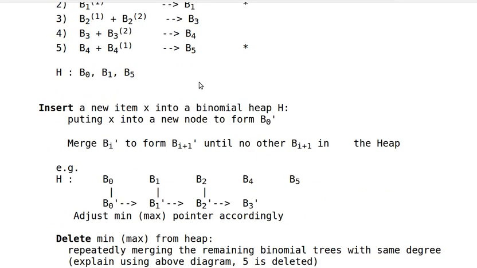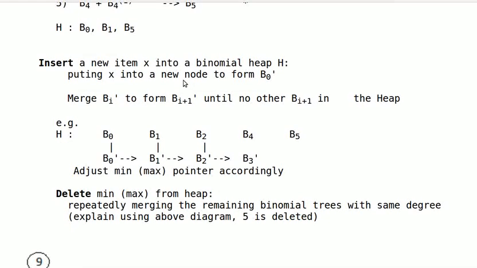And now let's see, how do we insert a new item X into a binomial heap H? To do that, we first put the item X into a new node to form an order 0 binomial tree. Suppose we call this B0 dash. And then itself is a heap.